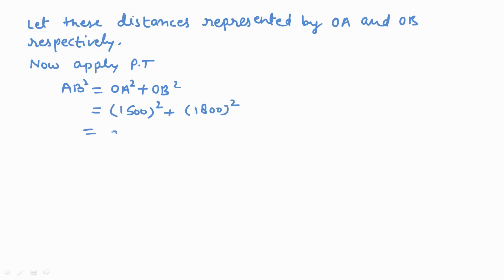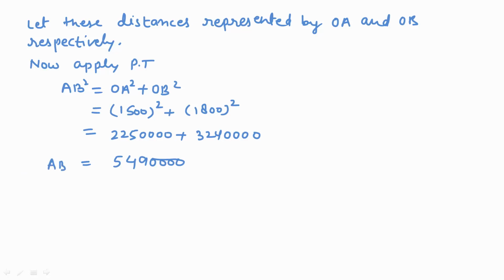This will be equal to 225 with 4 zeros, and the square of 18 is 324. This will be equal to 549 with 4 zeros.